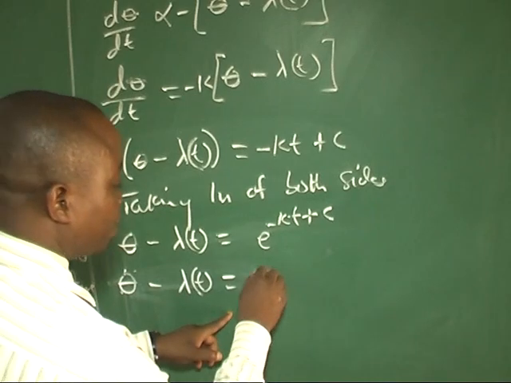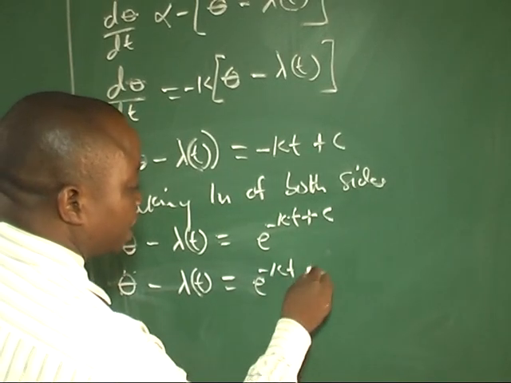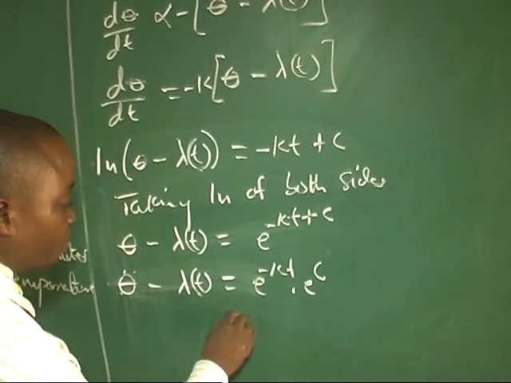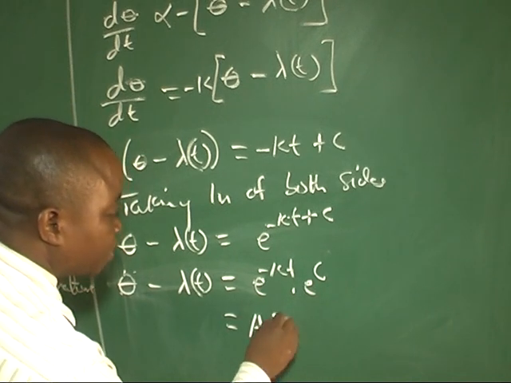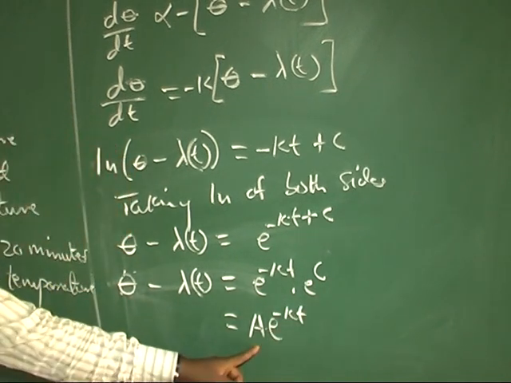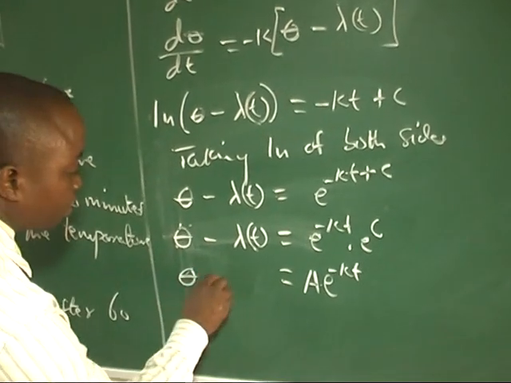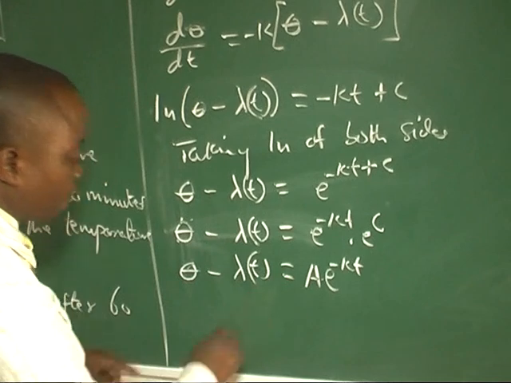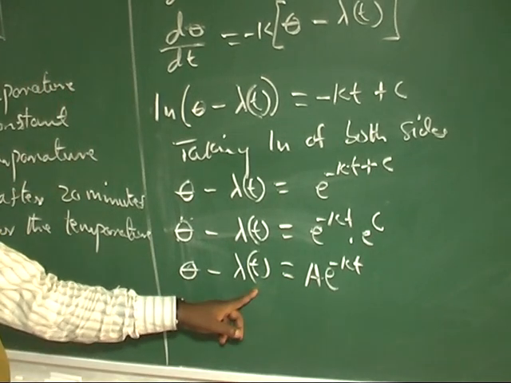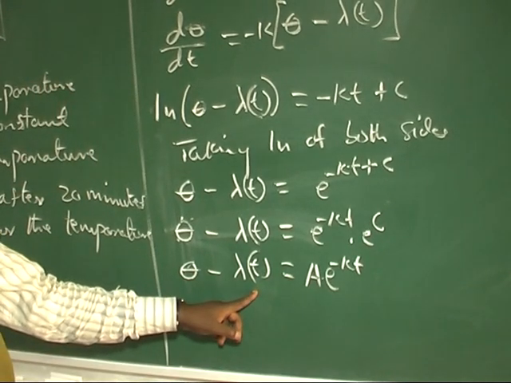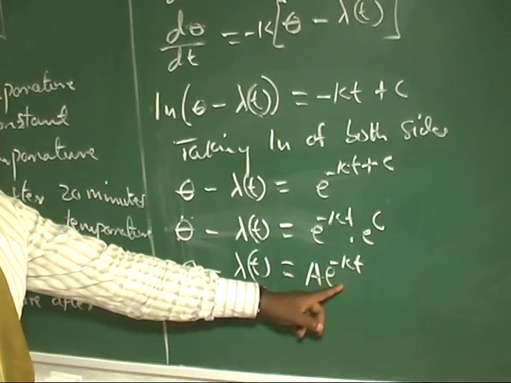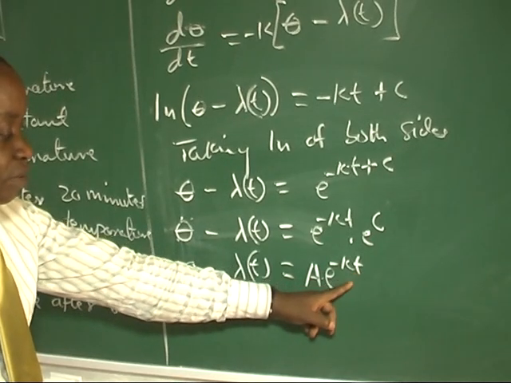Look at this: exponential minus kt times exponential c, where we have exponential minus kt. Look at that. So at this temperature, 160, the room temperature is 30, and t is 0.